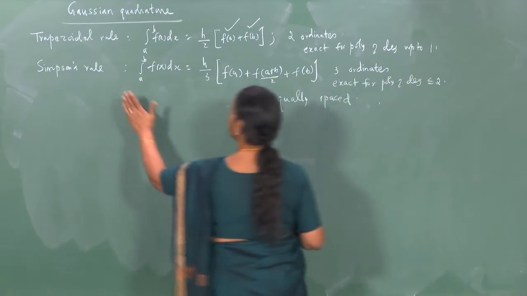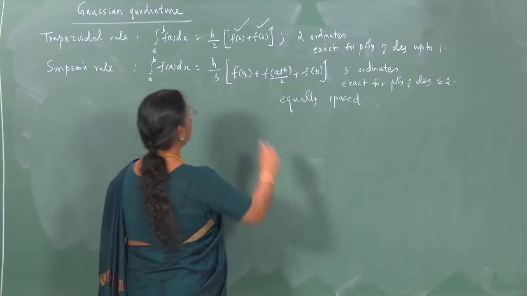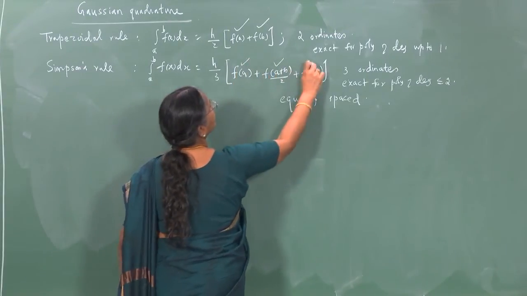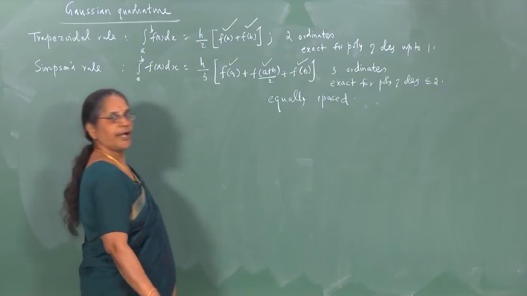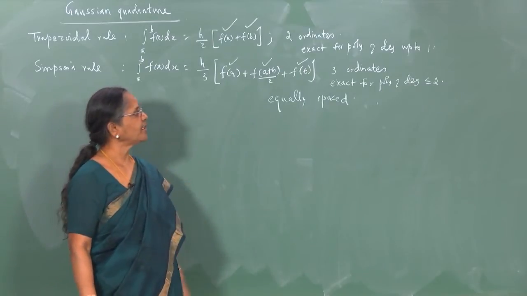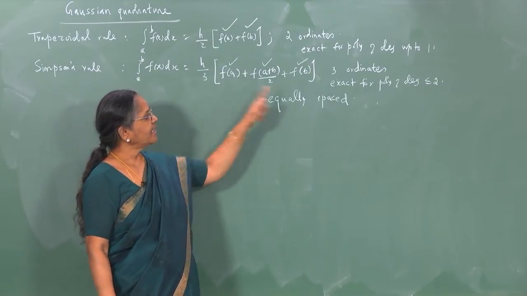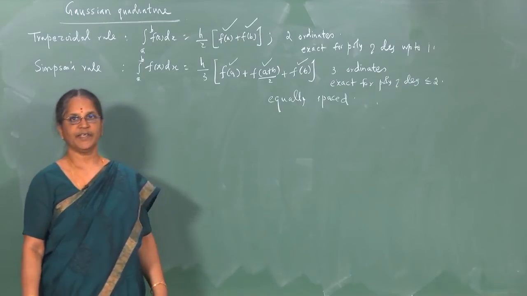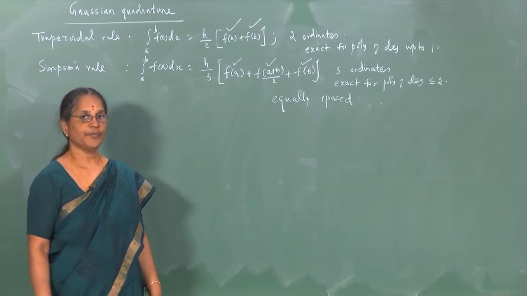In the case of Simpson's rule, it involves evaluation of function at 3 points. So, 3 ordinates have to be obtained, and the method is exact for polynomials of degree less than or equal to 2.